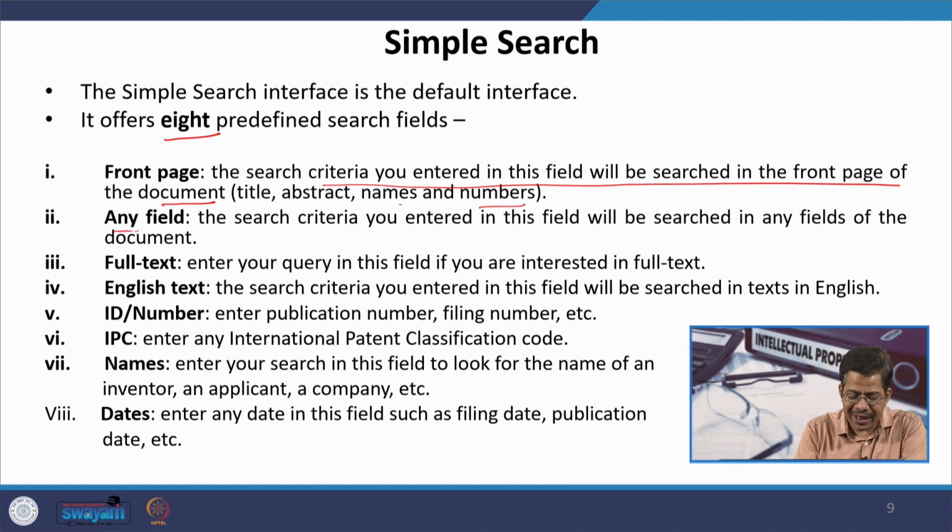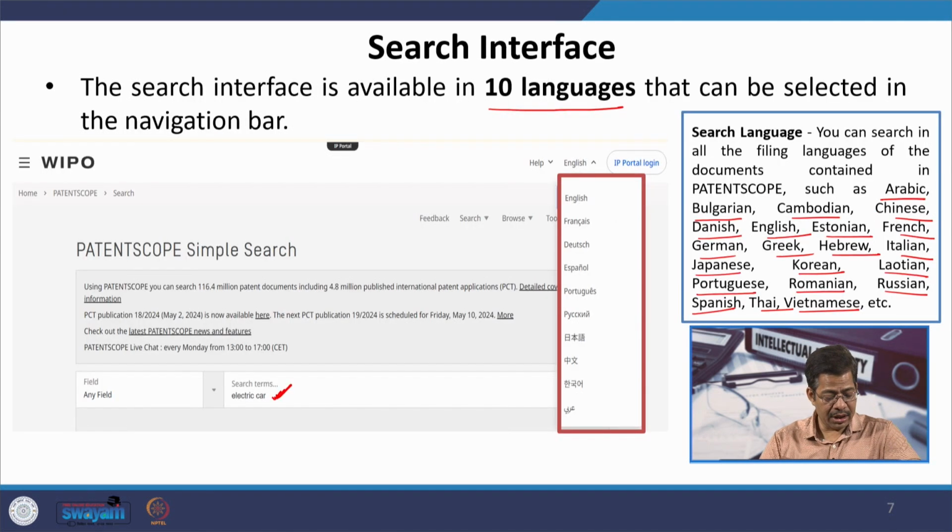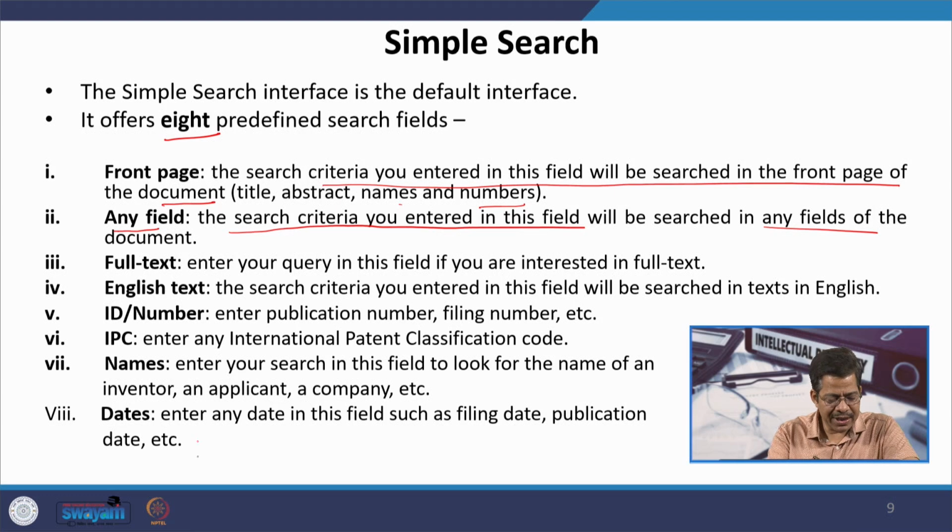Then you have Any Field: the search criteria you enter in this field will be searched in any field of the document. In fact, if I open the drop-down menu of fields, where right now I have selected Any Field, all these 8 possible options will appear: Front Page, Any Field, Full Text, English Text, and generally by default Any Field is what appears in the search criteria.